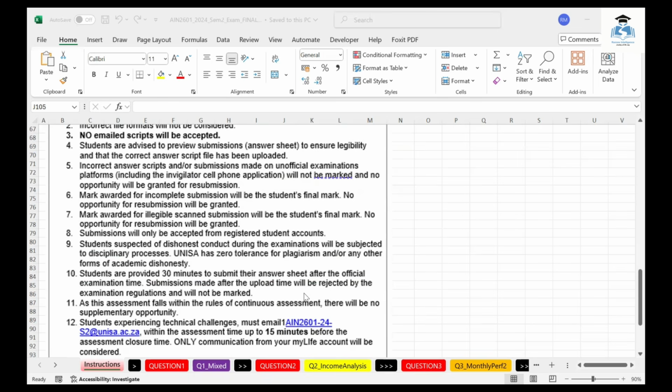Though, I think because they have provided this, they say it's a 2-hour paper, but in actual fact, you have got 3 hours to write your assignment and to submit your assignment. So the last 30 minutes, you are supposed to submit your assignment before the portal closes.